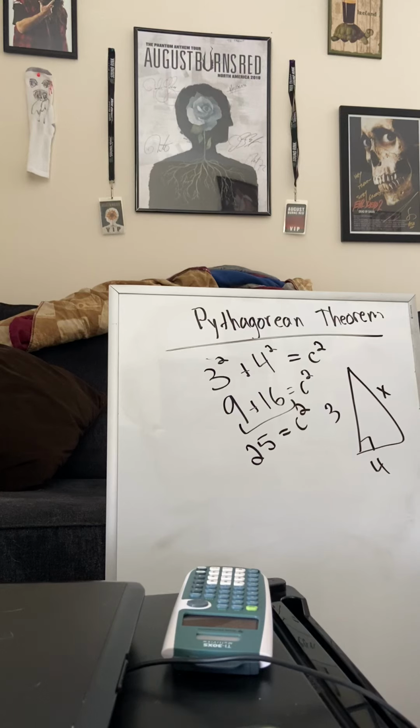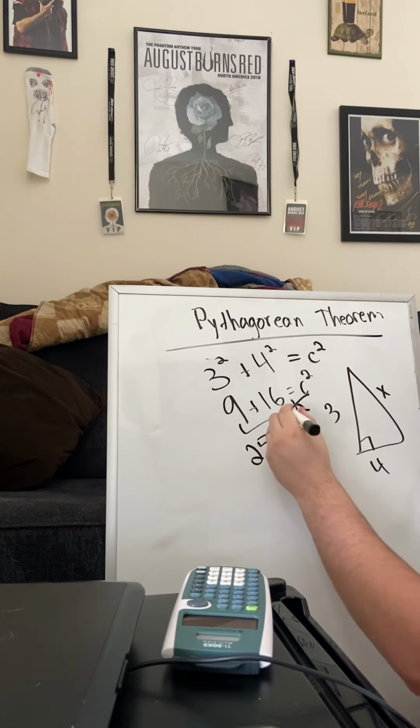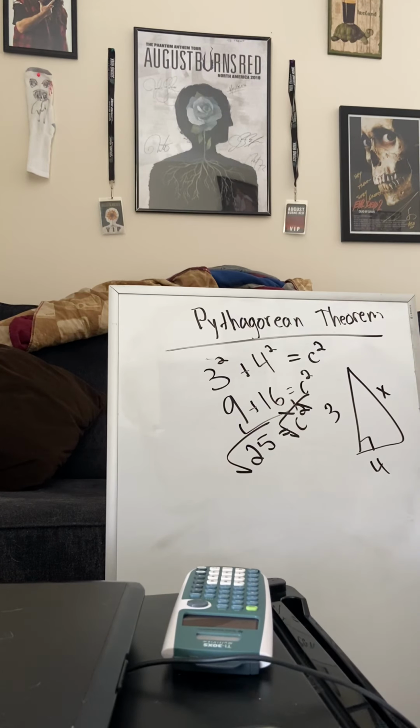If you watched the square root video, you know that if I have just a letter by itself with a little 2, I've got to do my square root. Remember square root? So I do my square root, that cancels out. I've got to find the square root of 25, which is, you've got to figure out what number times itself gives you 25.